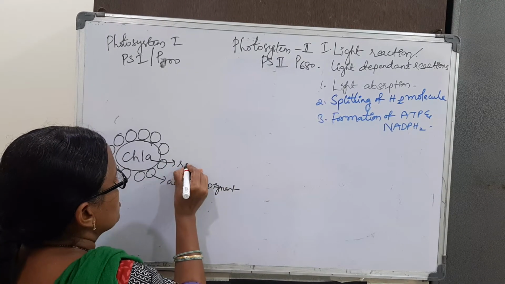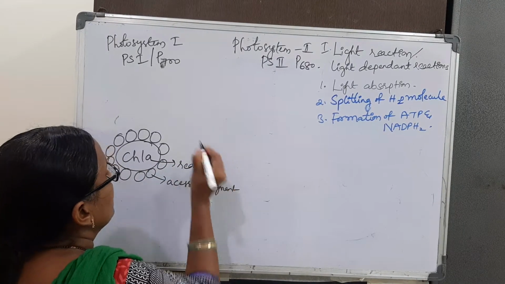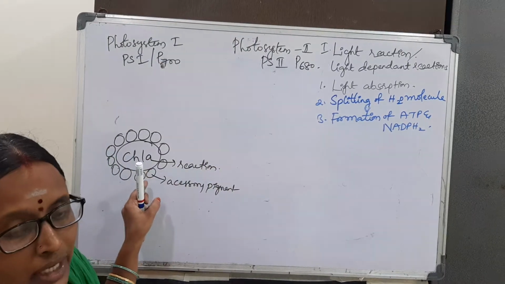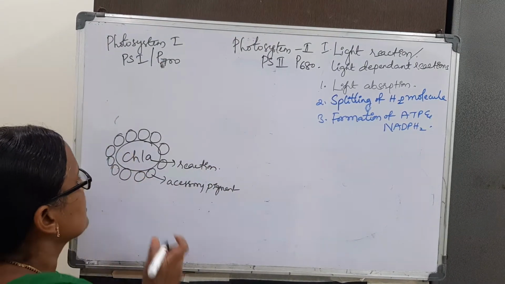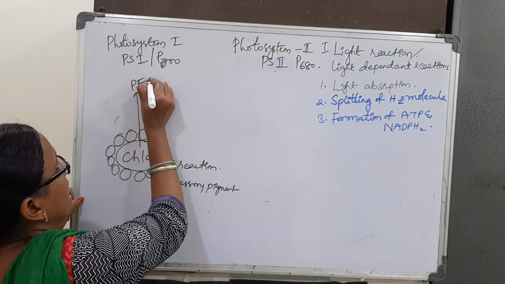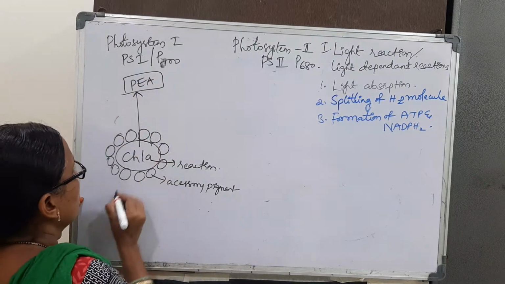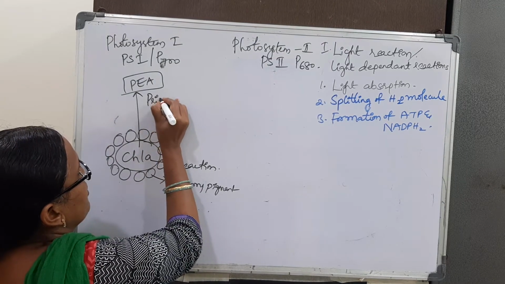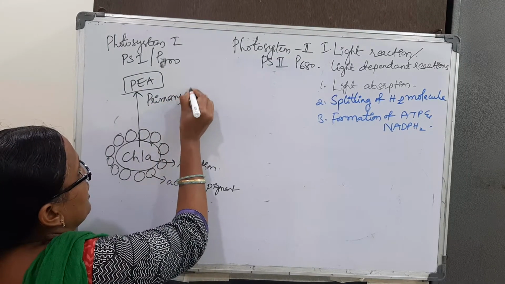This is the reaction center. In each and every photosystem there will be a reaction center, accessory pigments and the PEA, the primary electron acceptor.